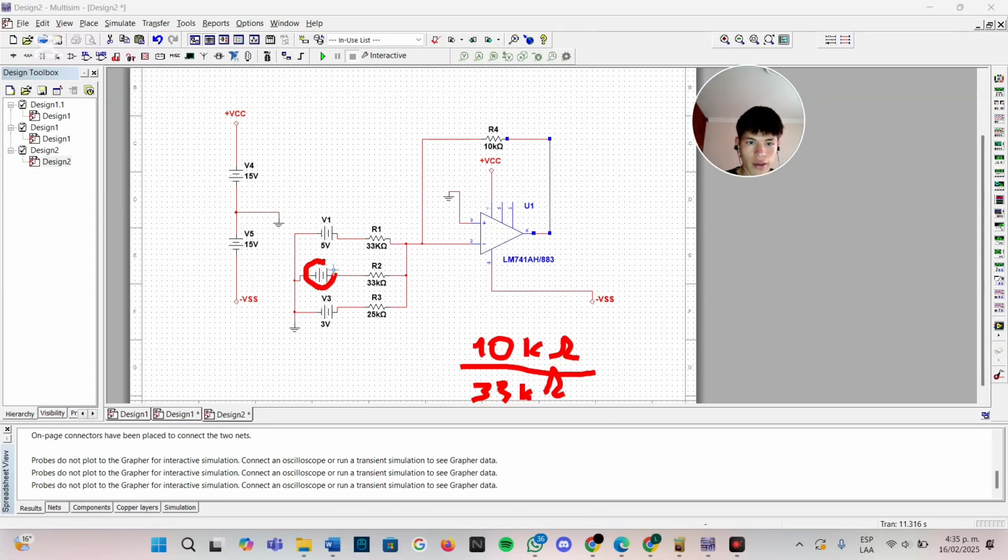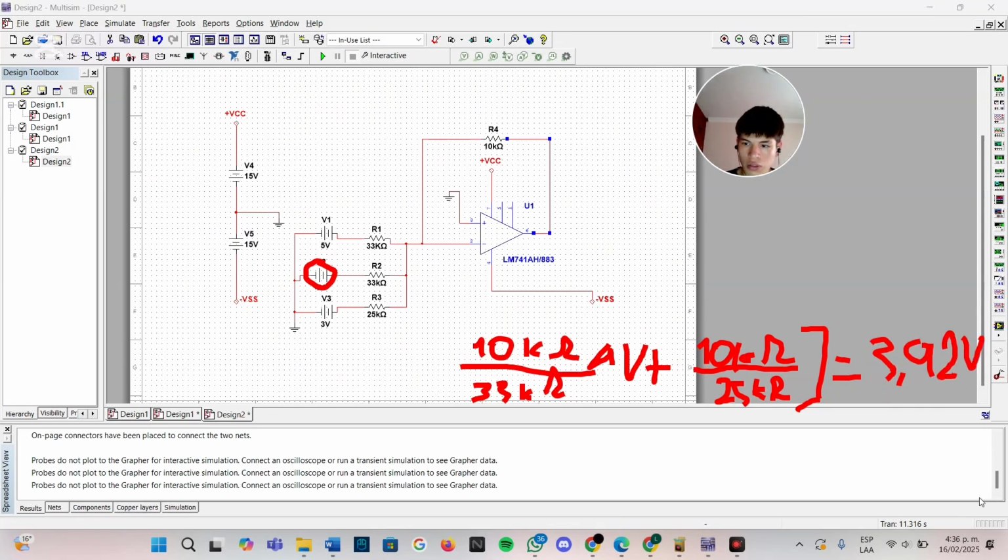Multiplied with voltage 2, it's 4 volts, plus Rx, 10,000 ohms, over about 25,000 ohms. And this should give 3.92 volts.